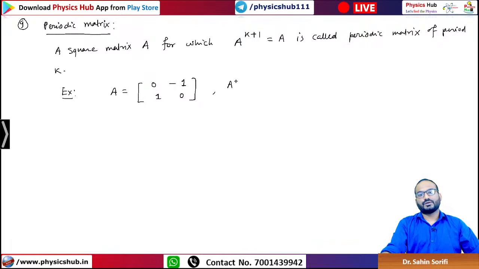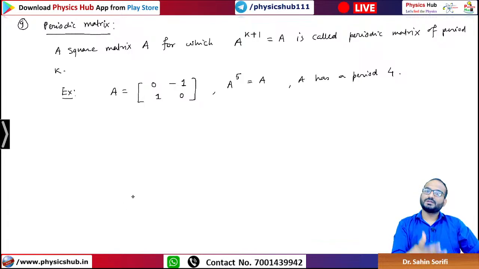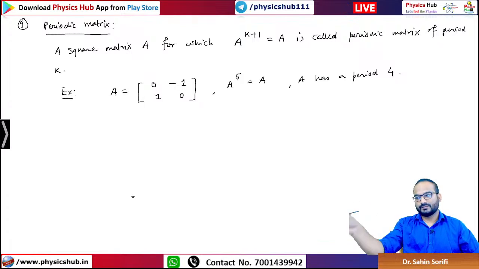If you keep on doing multiplication, A to the power 5, you will get A. You can also consider Pauli spin matrices. Whenever you take a square of the Pauli spin matrices, you get identity. Then if you take cube, you get back that matrix. So cube means 3, 3 means 2 plus 1, so period will be 2.